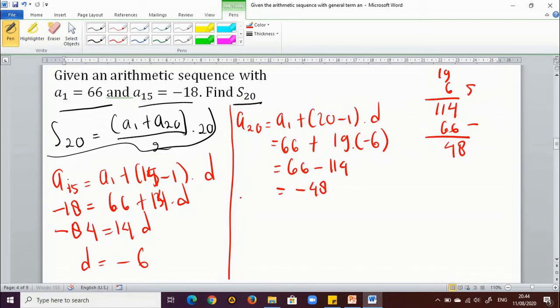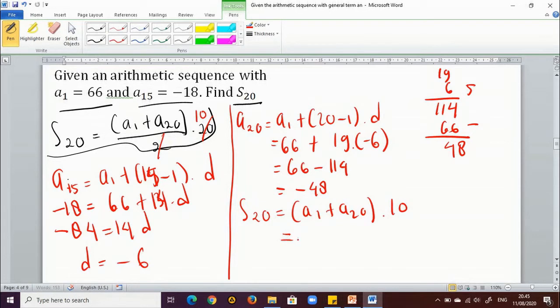From here, we can continue to S20, but before that, we can cancel 20 and 2, so this is equal to 10. So S20 is equal to the first term plus the 20th term times 10, right?